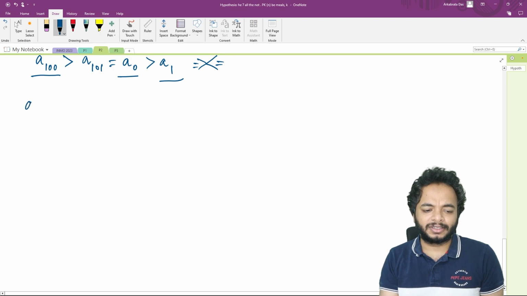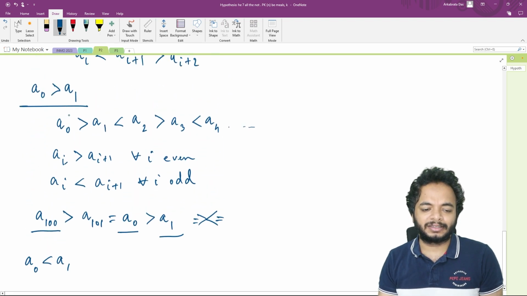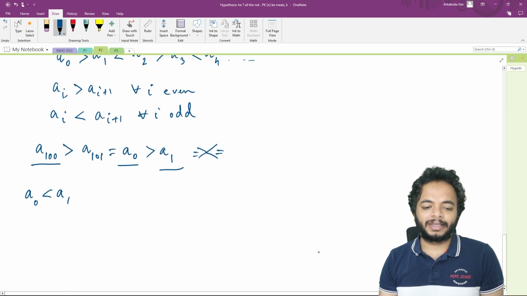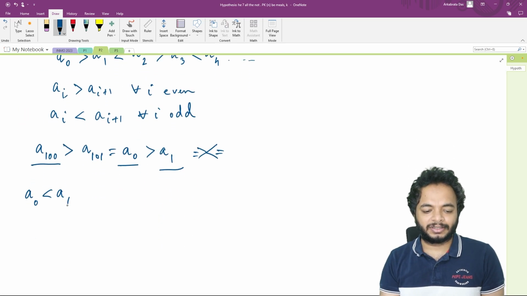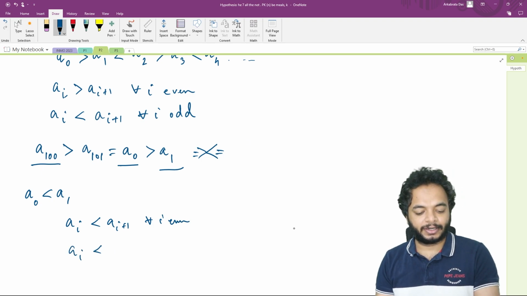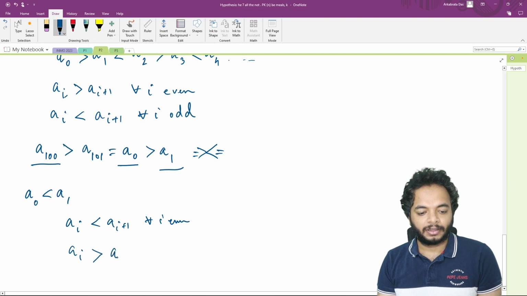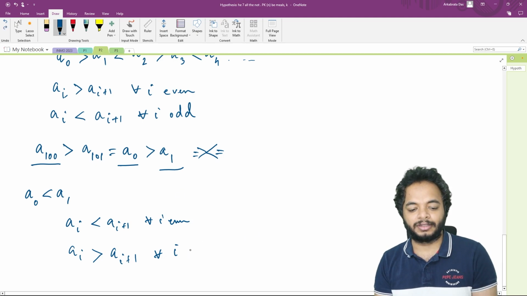Similarly, if a0 is less than a1 and we proceed similarly, this relation would just reverse, that is ai is lesser than ai plus 1 for all i even, and ai is greater than ai plus 1 for i odd. I'm not discussing this in detail, because it's just similar to the other case.